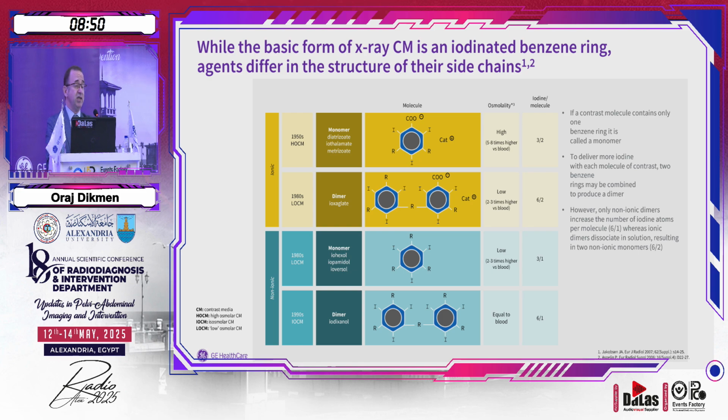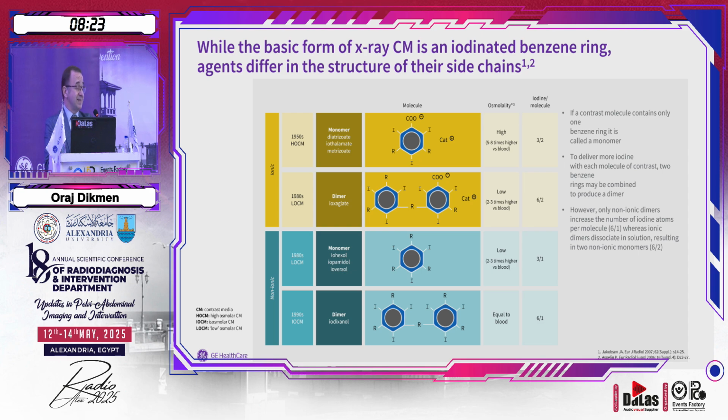This was achieved by removing the ionic side chains and then reducing the osmolality of contrast media from high osmolar monomeric products to low osmolar monomeric products. And then in the 1990s came the introduction of non-ionic dimeric contrast media that I will be covering today.